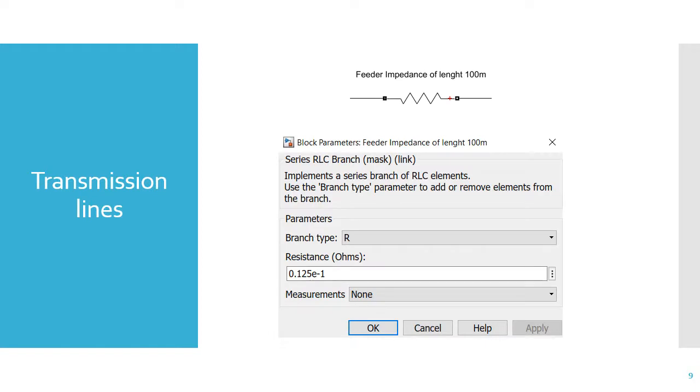To model the impedance of the wires separating the houses, we will use a resistance with a value of 0.0125 ohms. This corresponds to a wire of length 100 meters.